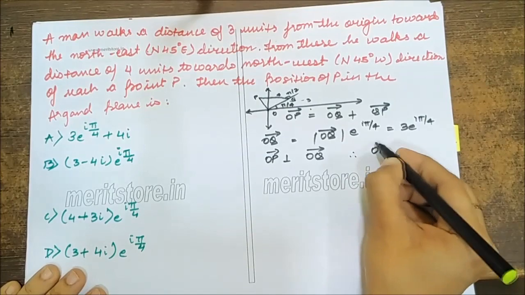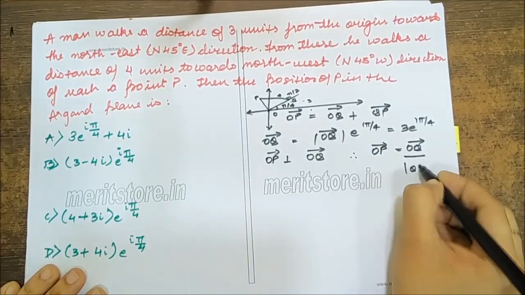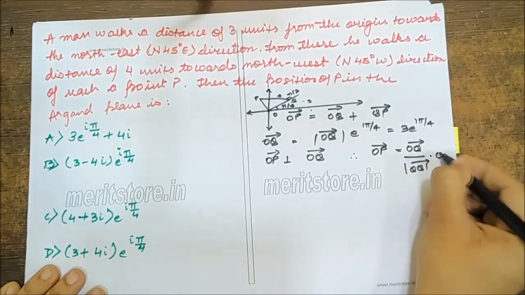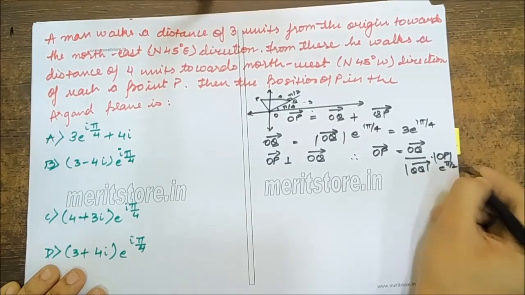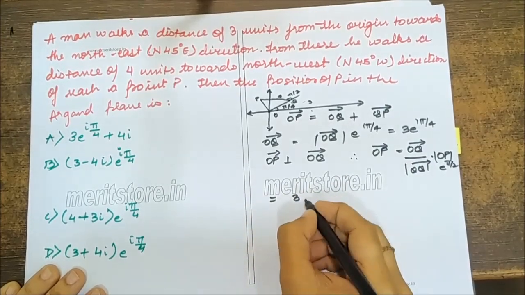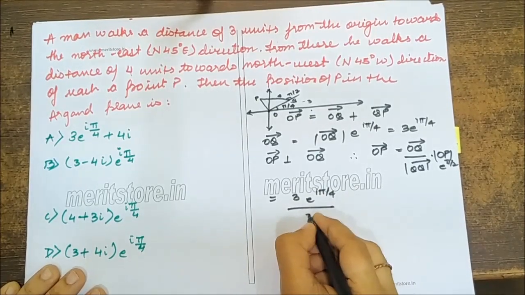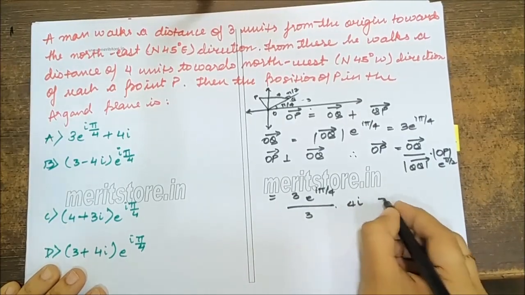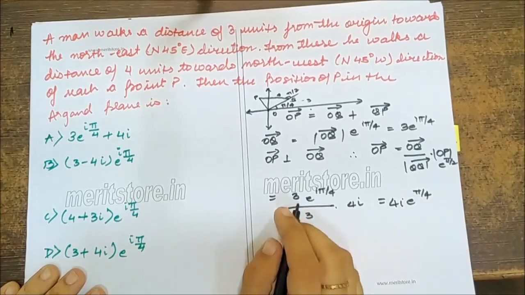Therefore, QP is equal to OQ upon modulus of OQ into 4 into e^(i pi/2). So equating, 3 e^(i pi/4) upon 3 into 4i, that is 4i e^(i pi/4).